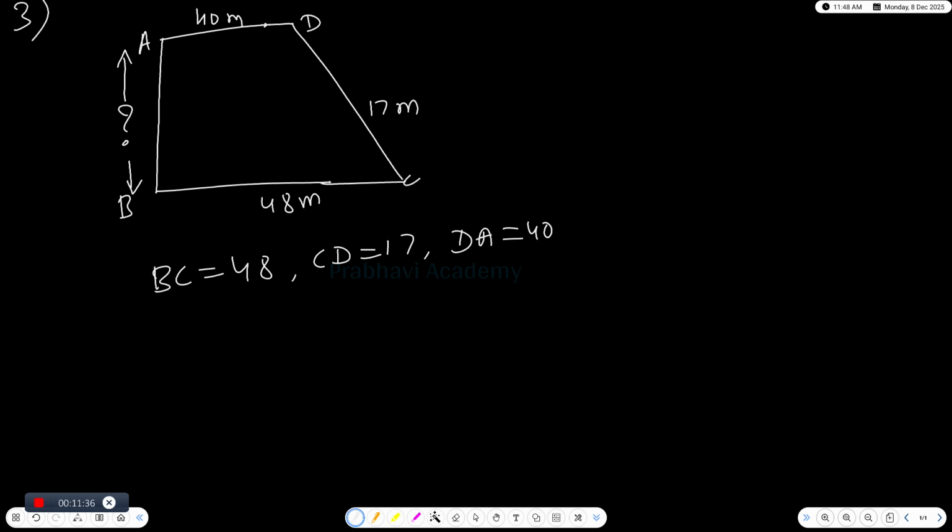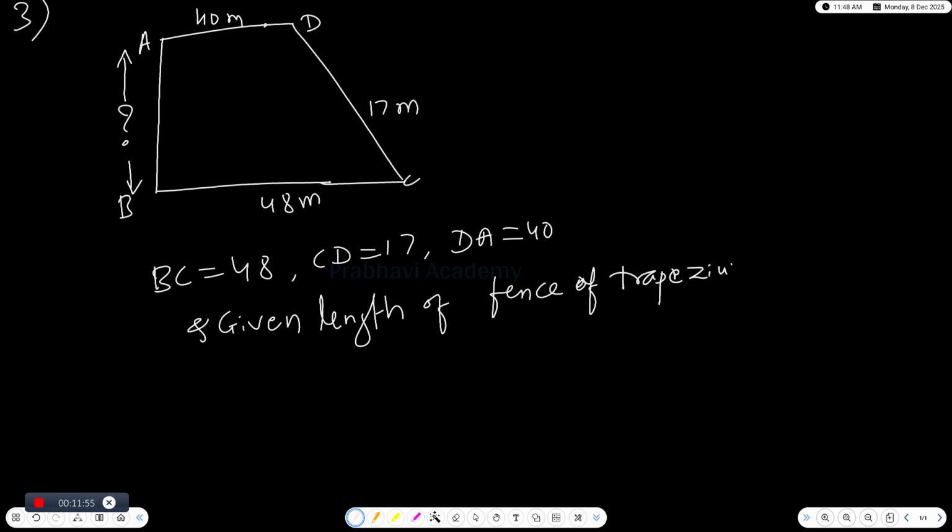Now, they also given the length of fence of trapezium is 120 meter.